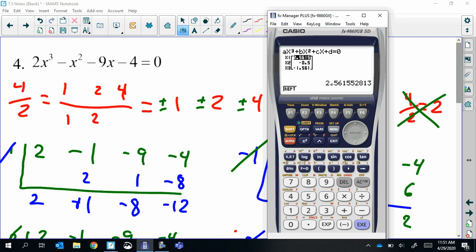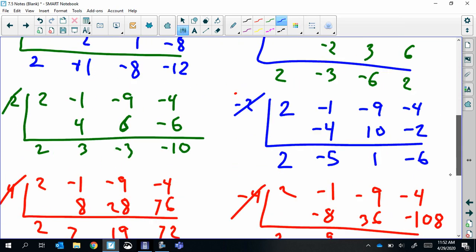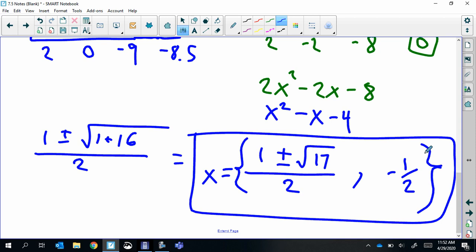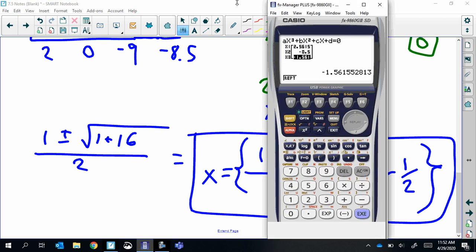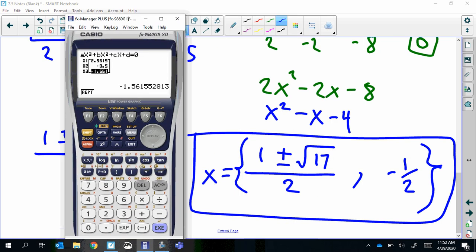You see these decimals, negative or 2.5615. That would be the square root answer we had, and negative 1.5615. That would be the other square root answer, and then there's negative 0.5 right there in the middle. That's our negative 1/2. There's our negative 1/2, and then the other two are obviously square root, or match up with our square root answers.